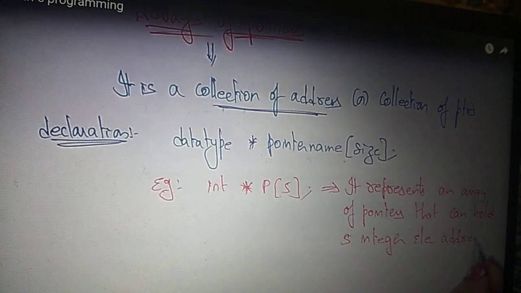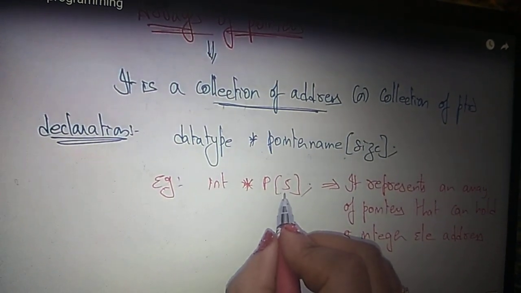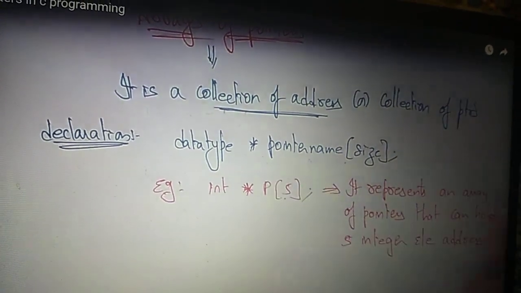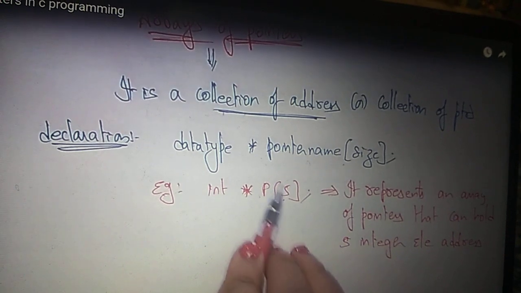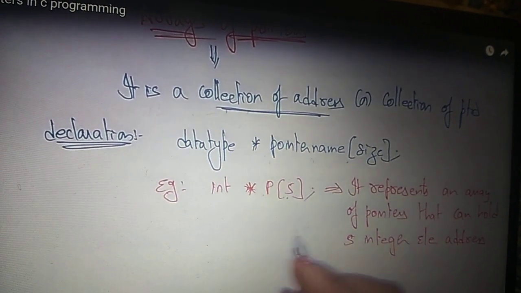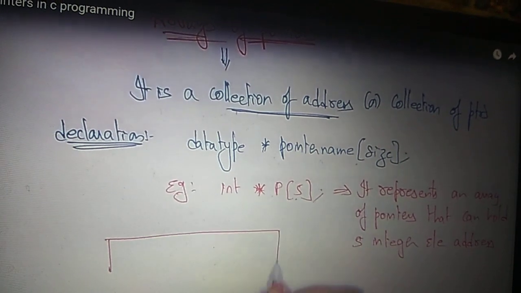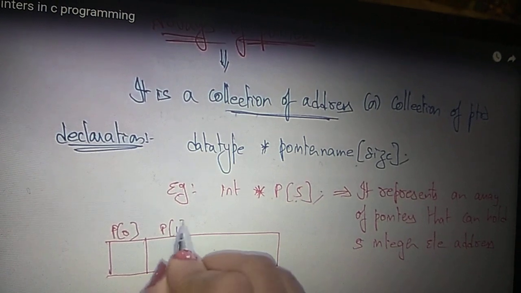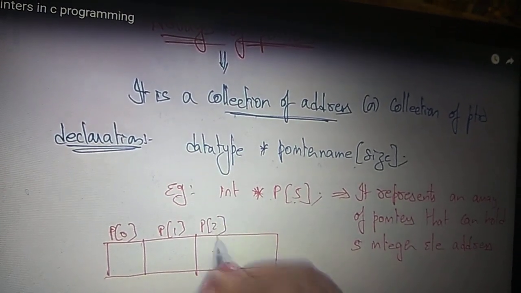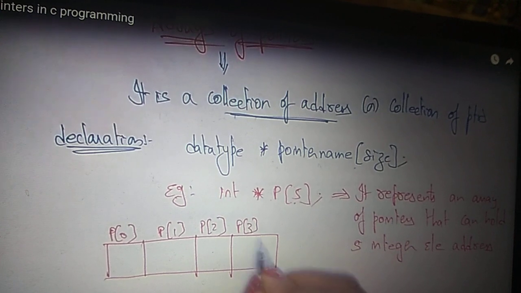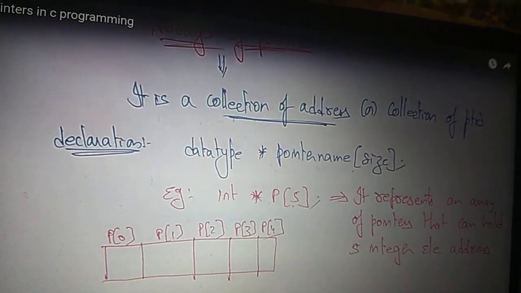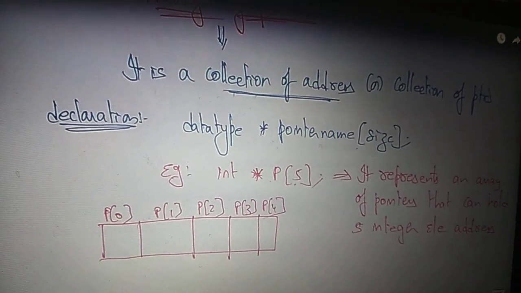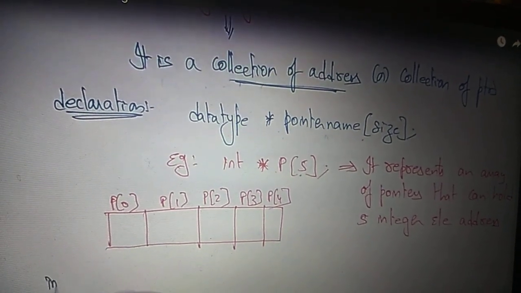So arrays of pointers, collection of addresses. The 5 integer element addresses will be stored in P of 0, P of 1, P of 2, P of 3, P of 4, which hold the 5 integer element addresses.